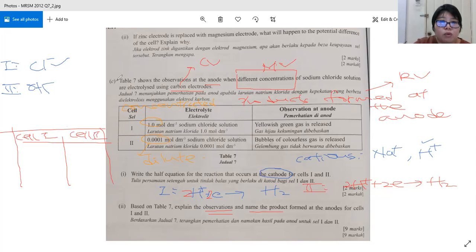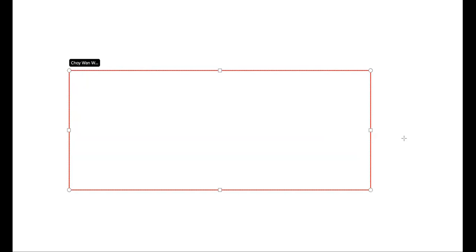I am going to share with you this whiteboard so that you can see it clearly. Now, this is the whiteboard showing. Okay, this should be your table. This can be your title.